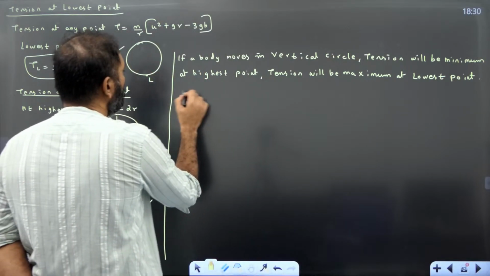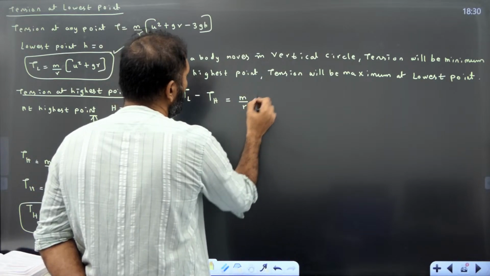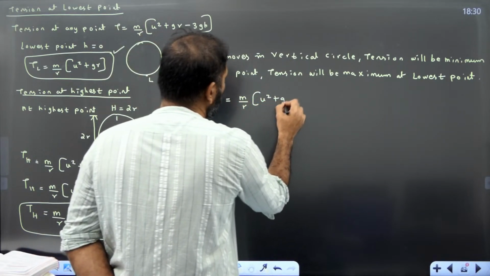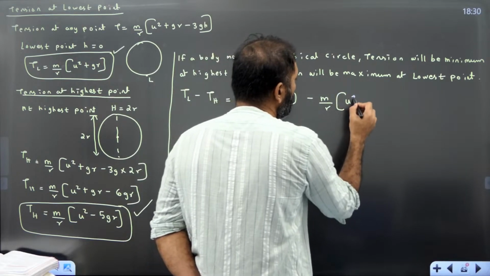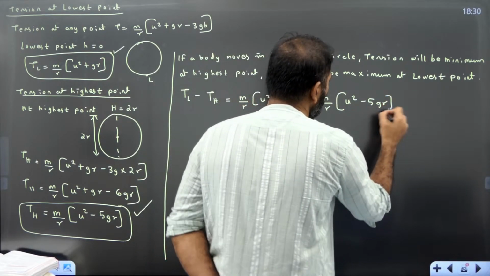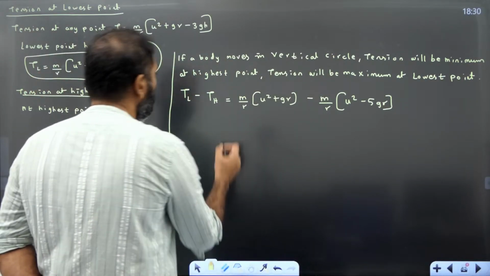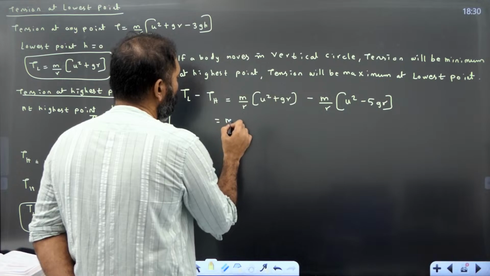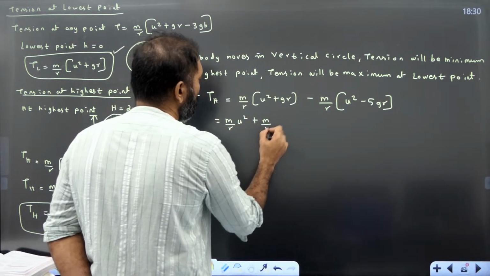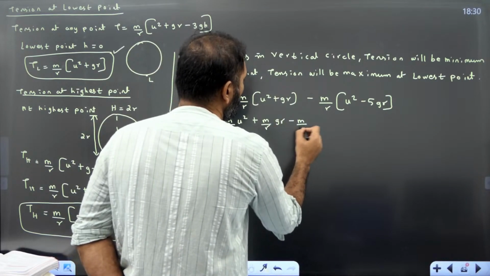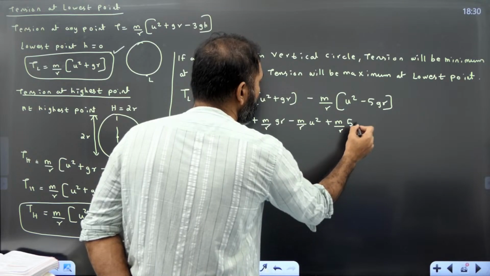What will be TL minus TH? TL is what? m by r into u square plus gr. TH will be what? m by r into u square minus 5gr. Now, what is the difference in tension? m by r u square plus m by r gr minus m by r u square plus m by r 5gr.